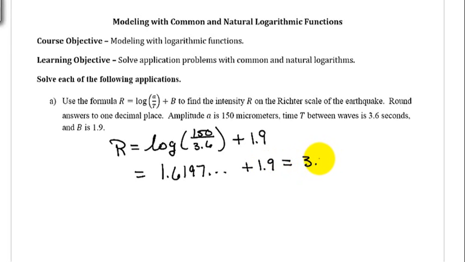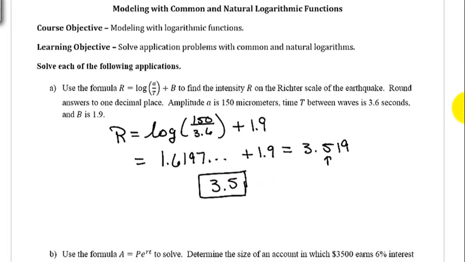So I got 3.519, and we want to round to just one decimal place, so that's to the 5. There's a 1 immediately following it, so we'll leave the 5 alone. So this earthquake had an intensity of 3.5 on the Richter scale.